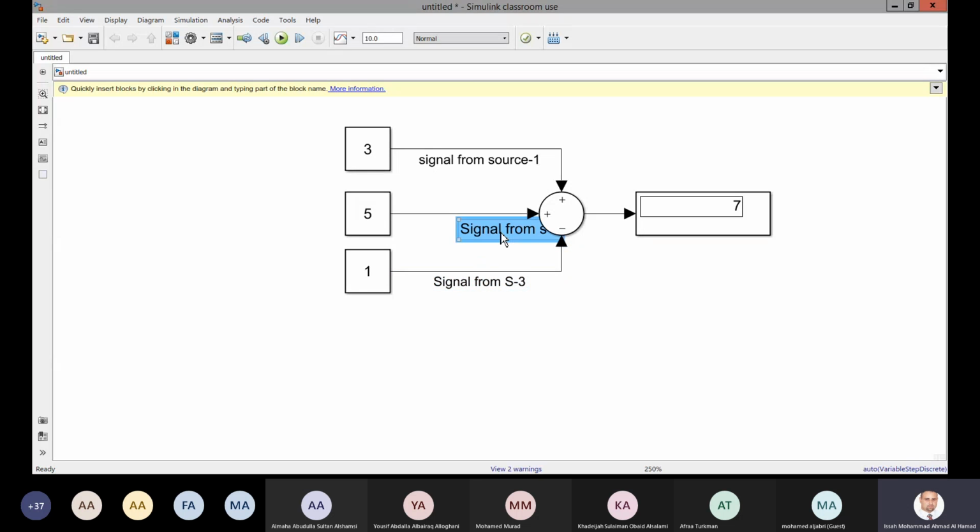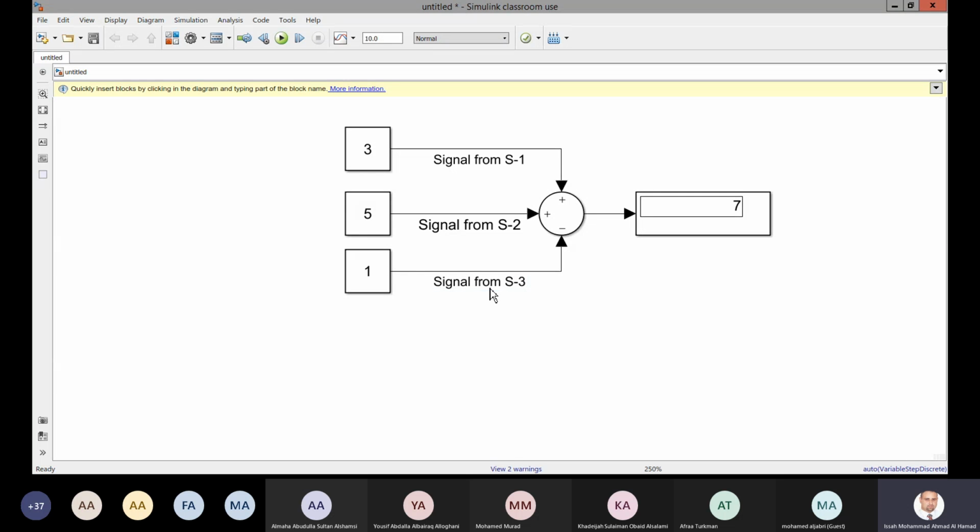Usually once things get more complicated, you need to know your flow diagram of work, so you need to better organize your work from the start. So it's better to give some annotations, especially if you are a beginner in using Simulink.